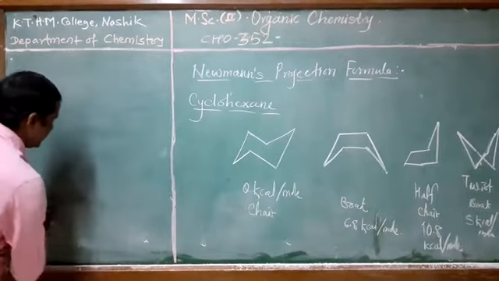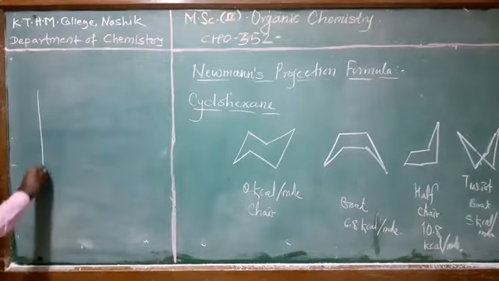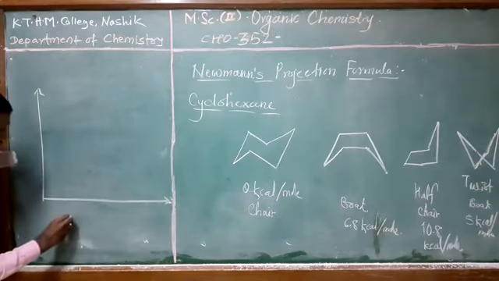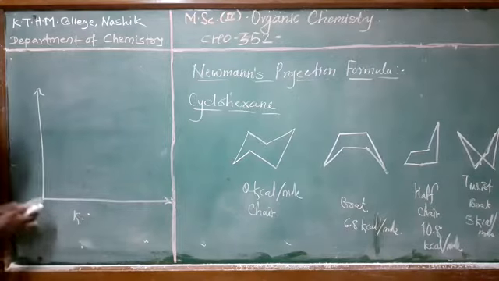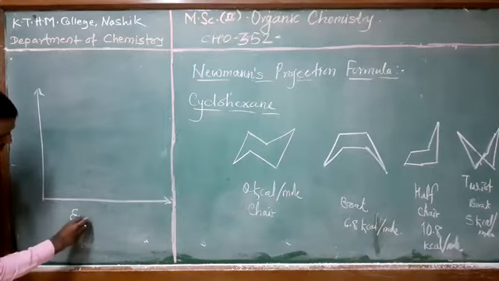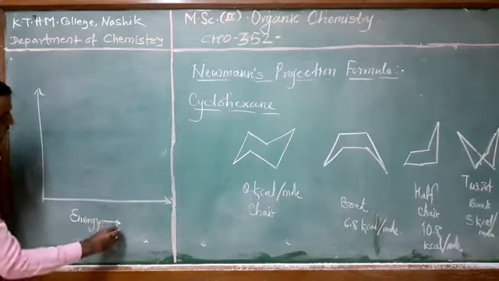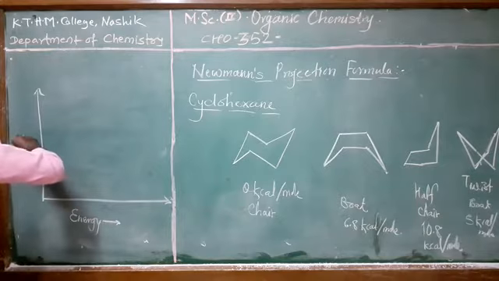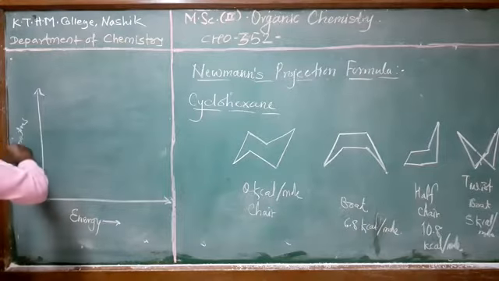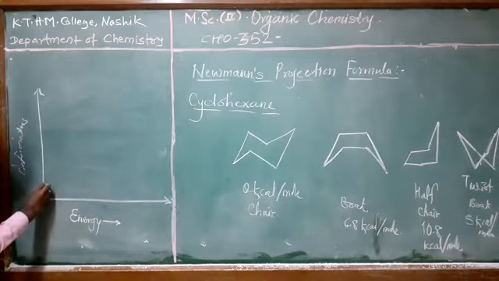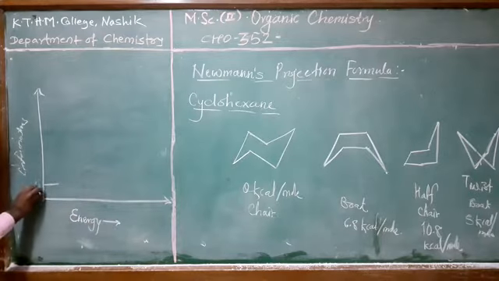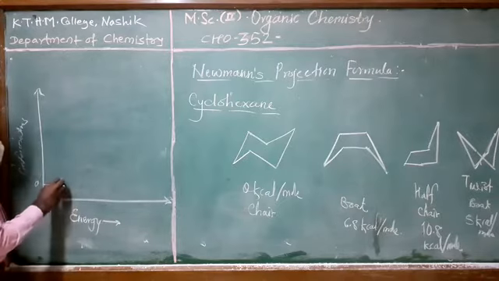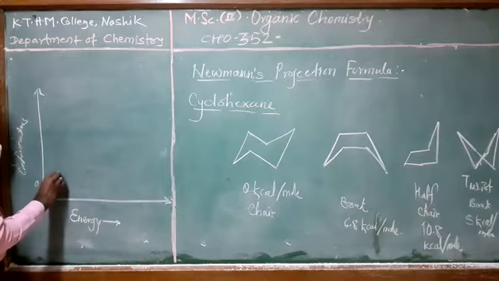cyclohexane. So in the energy profile diagram for this particular compound cyclohexane, we show the energy of these different conformations. At 0 kilocalorie per mole, we observe the chair conformation.